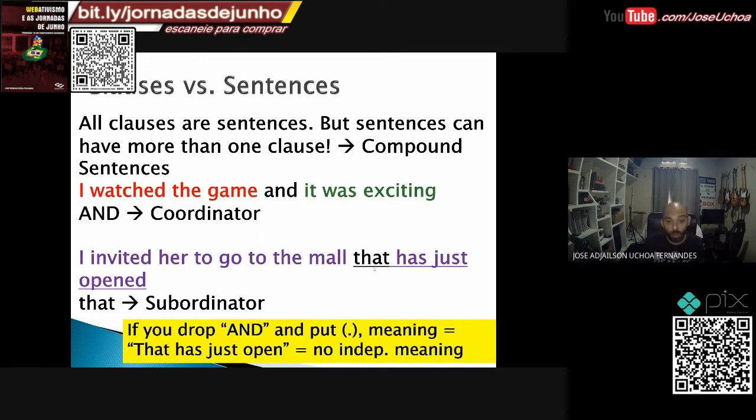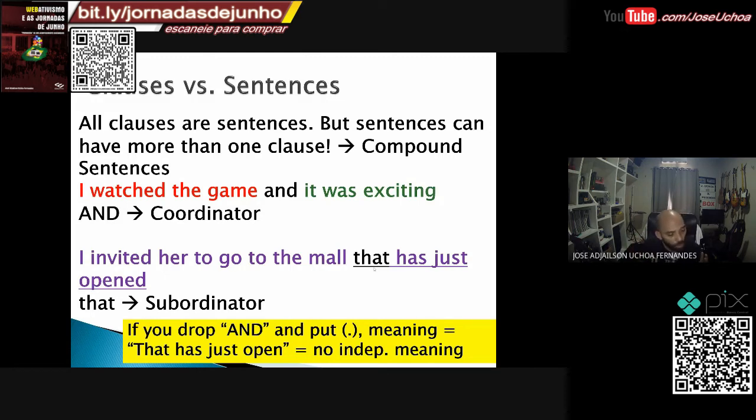Vamos tentar não fazer confusão aqui em relação à dependência ou não. Quando eu digo the mall has just opened, eu tenho todos os elementos que constituem uma canonical clause prototípica. Eu tenho um sujeito, the mall, eu tenho um núcleo verbal, has just opened, que é o predicado.